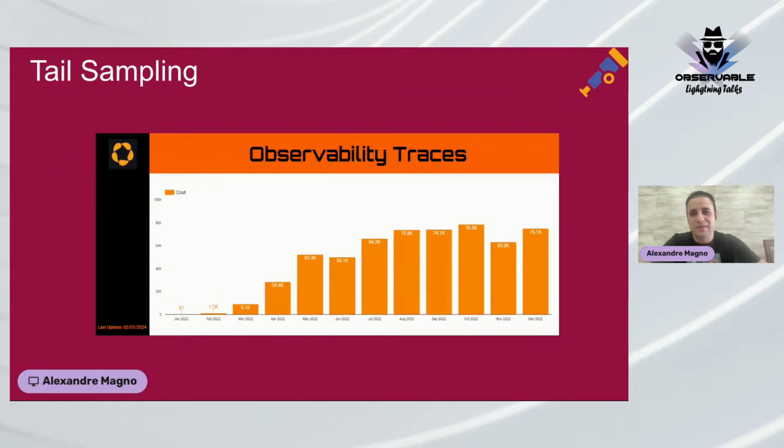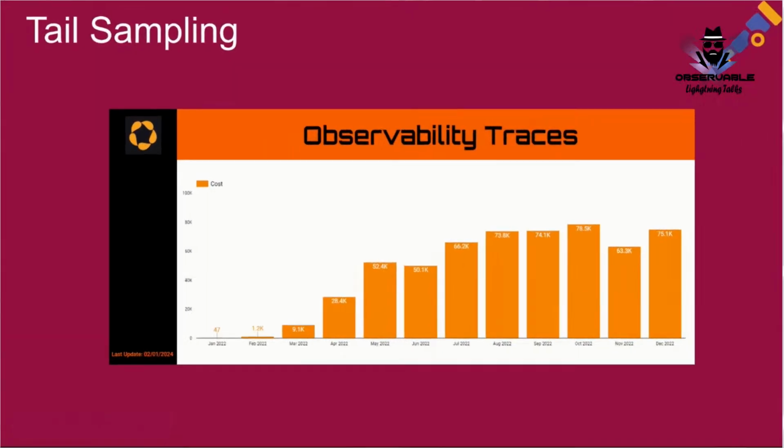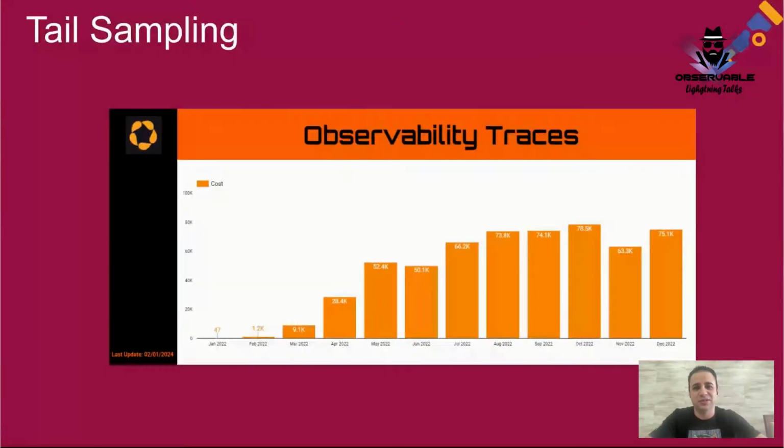And here is one of the main reasons why we needed to implement sampling. Our cost was growing very fast and was becoming very expensive to keep the observability traces service. So with this in mind, it was necessary to take some actions. How can we control this without losing quality?